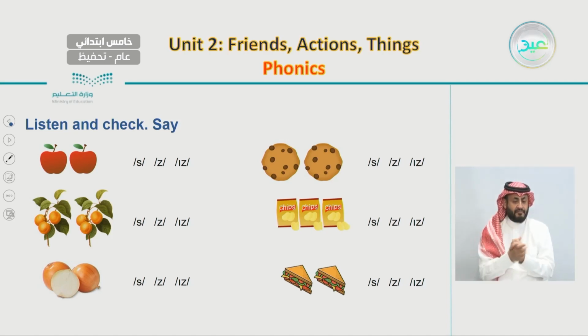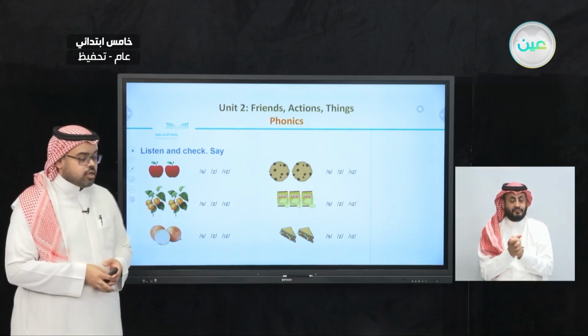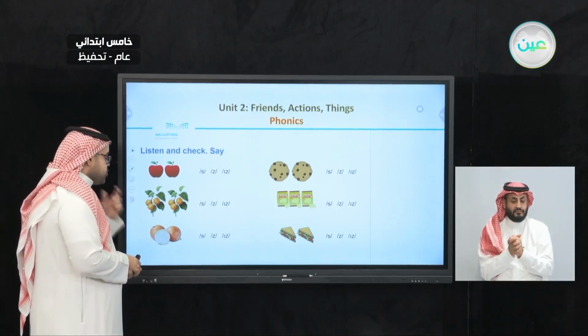So here we have different types of food and each one of them has a different sound at the end. What I'm going to do is pronounce these different types of food, and after this I'm going to point and then you can repeat after me. So let's begin with the first one.